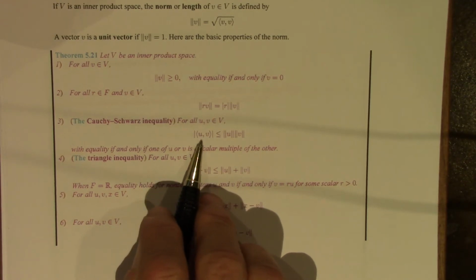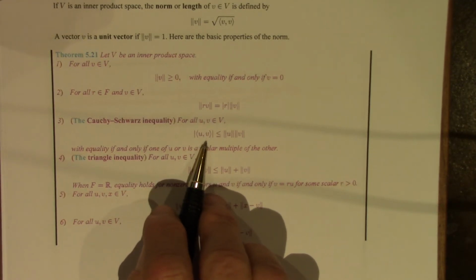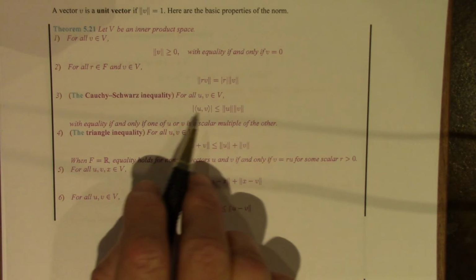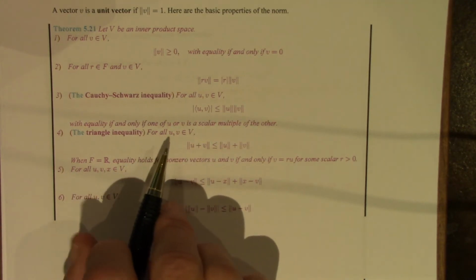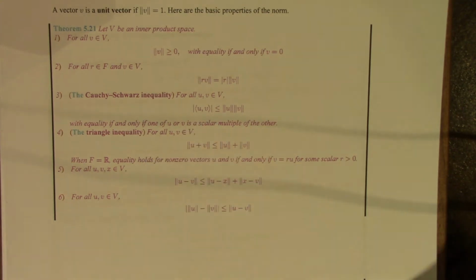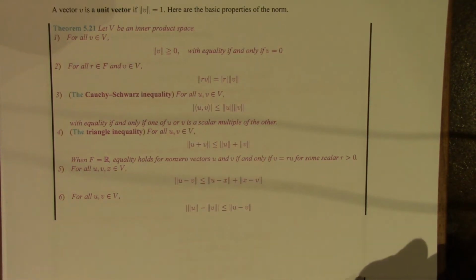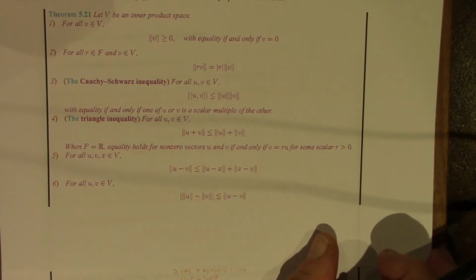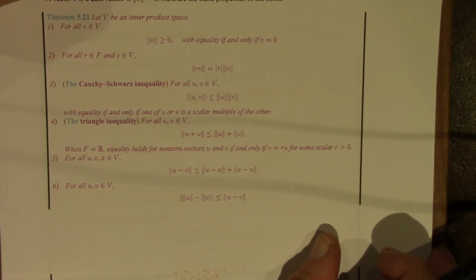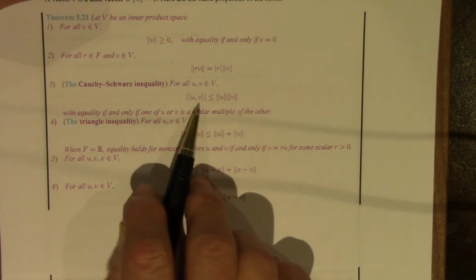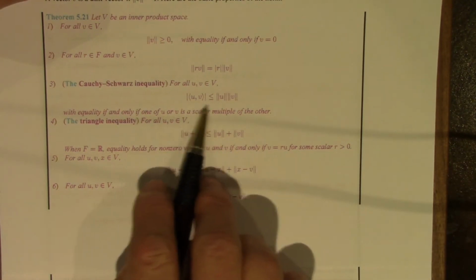For complex numbers, it's usually called the norm. And equality holds in the Cauchy-Schwarz inequality if and only if one of U or V is a scalar multiple of the other. So they point in the same direction or in opposite directions. But also this would hold if either U or V was 0.